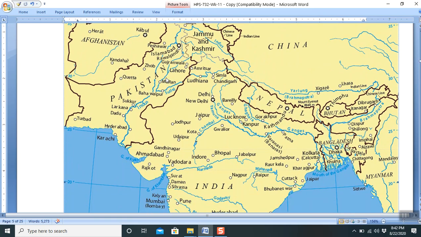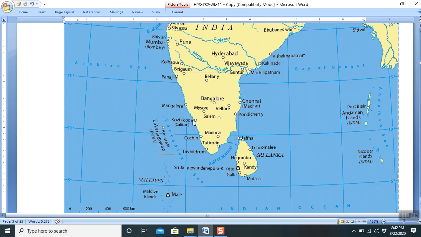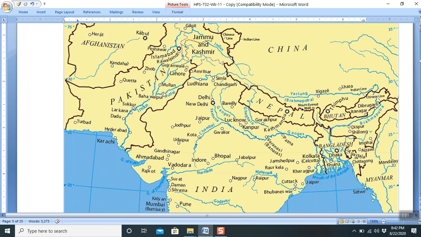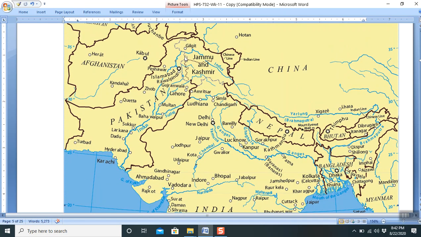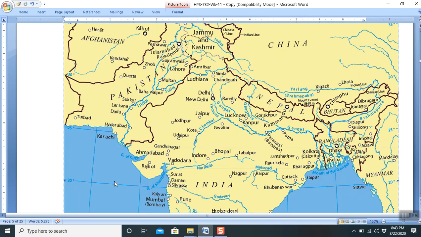The topography of India and Pakistan is almost similar, and the biggest cities within Pakistan: Islamabad, the capital; Karachi, the highly populated; Lahore, the second populous; Quetta, Peshawar, Gilgit, and here it is Hyderabad and Karachi.